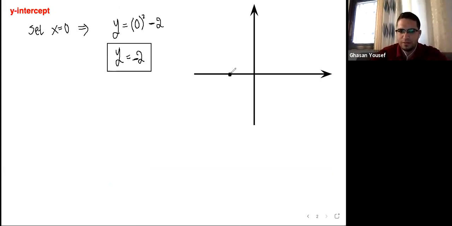Here's my first point, the negative square root of 2, and this is my second point. And here is the y-intercept also. This is my y-intercept, y equals minus 2. So the graph for this equation looks like a parabola. It will be something like this.